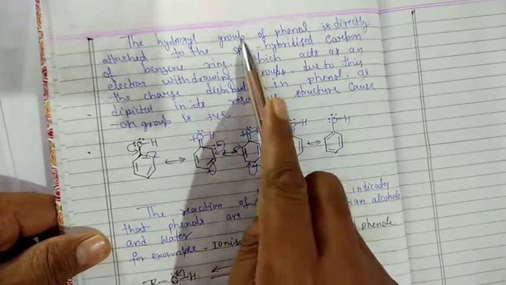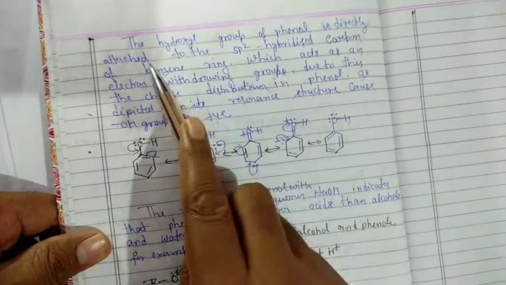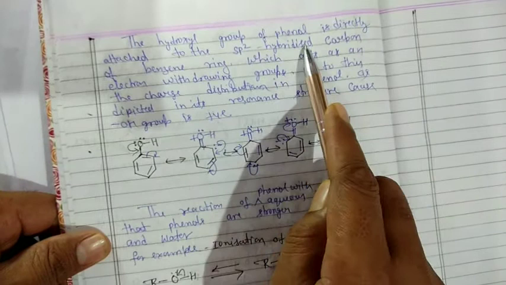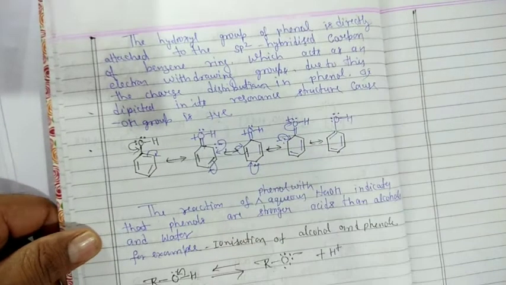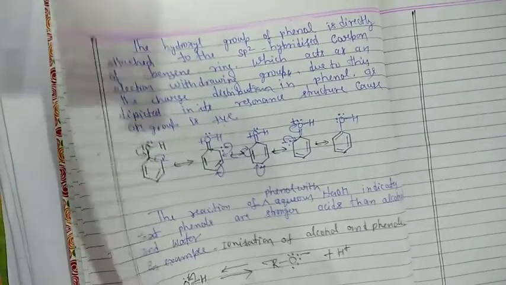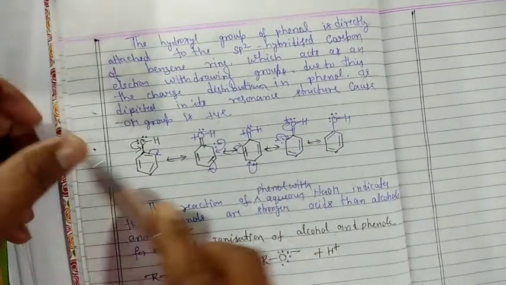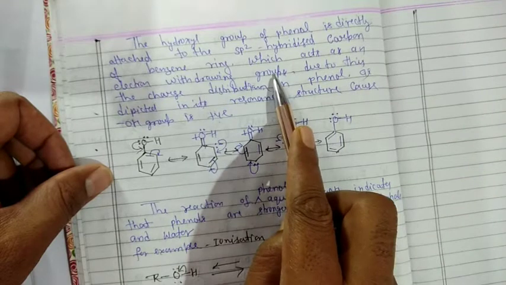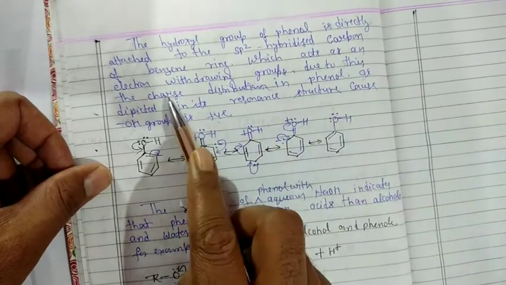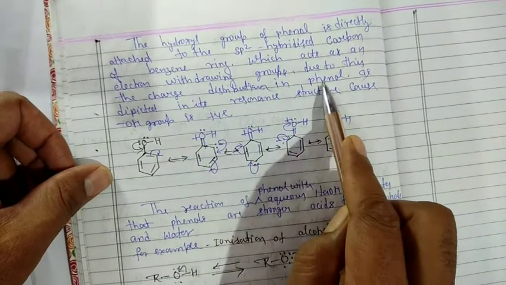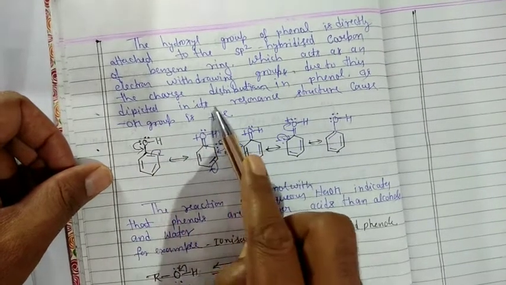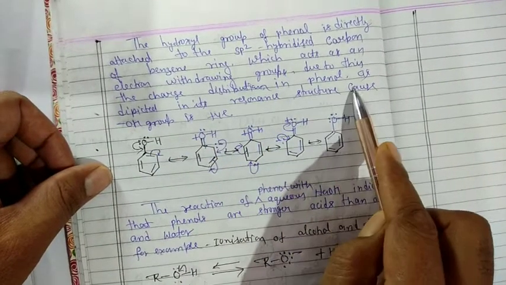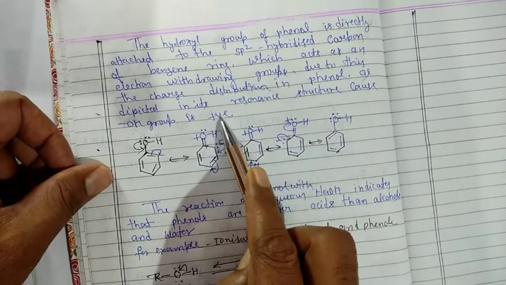The hydroxyl group of phenol is directly attached to the sp2 hybridized carbon of the benzene ring, which acts as an electron withdrawing group. Due to this, the charge distribution in phenol, as depicted in its resonance structures, makes the OH group positive.